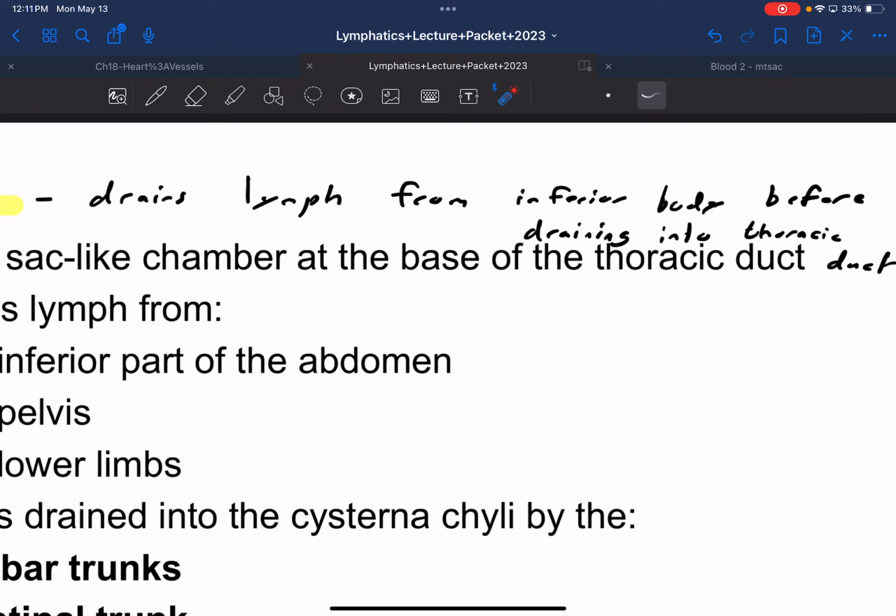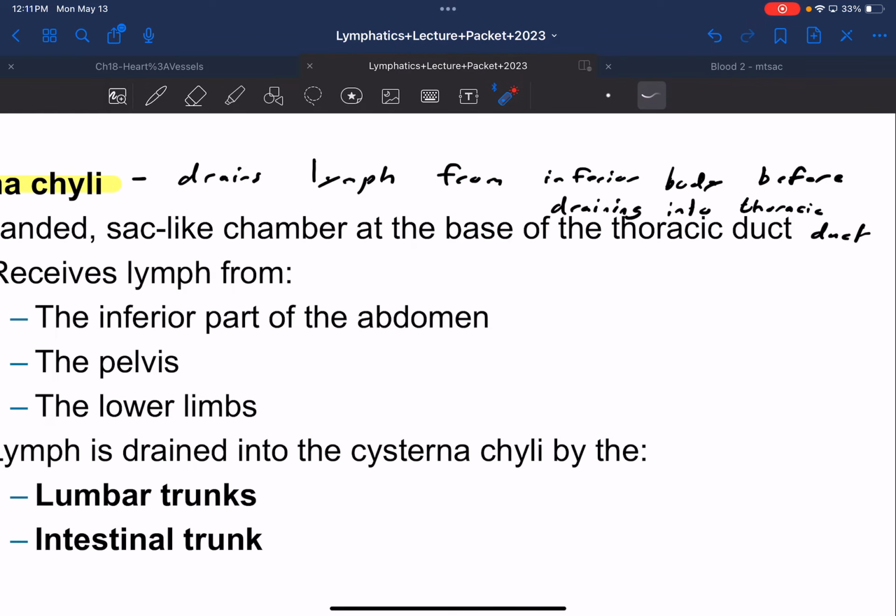And so this says it drains lymph from the inferior body before draining into the thoracic duct.